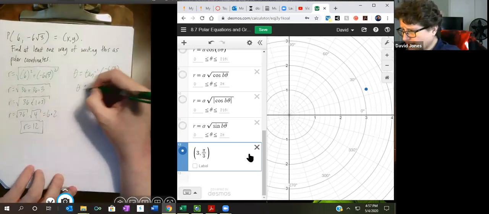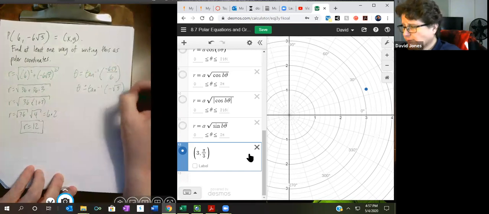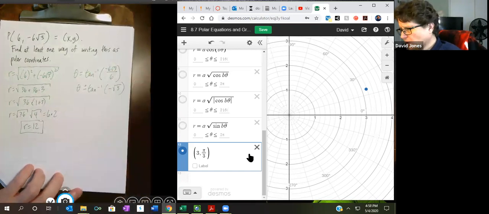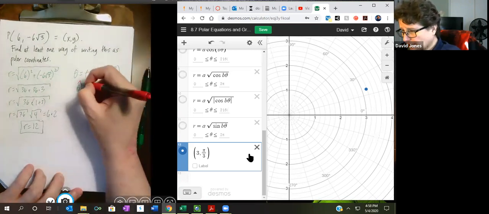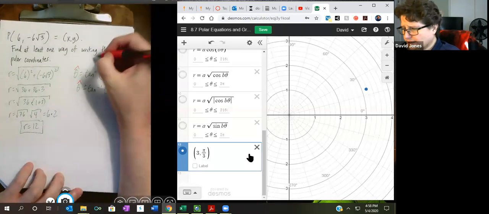Theta here is tangent inverse of negative root 3. What's the reference angle there? Root 3 comes from 60 degrees.